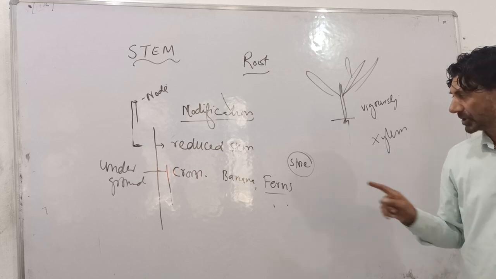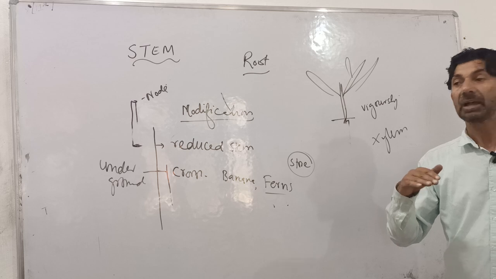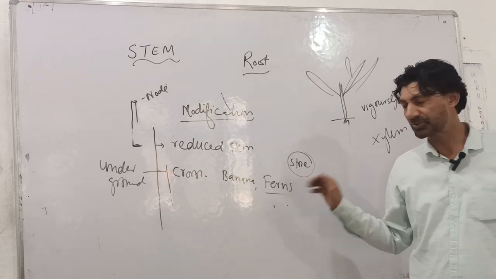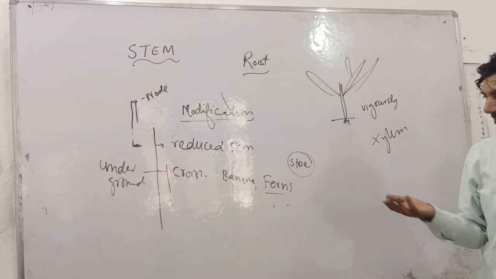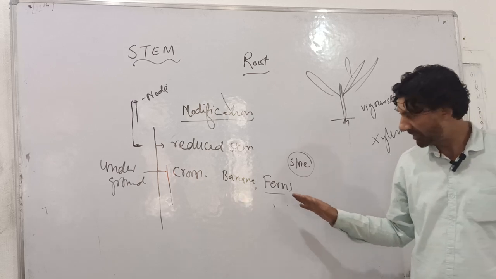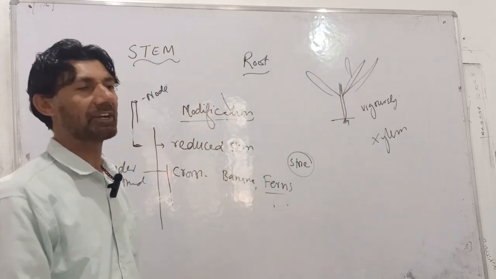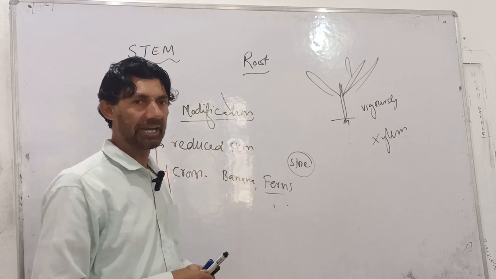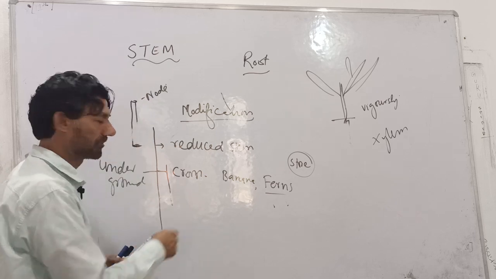So the stem is used when other conditions are unfavorable. In the underground part, no leaf arises, but adventitious roots arise. This is called as corn.